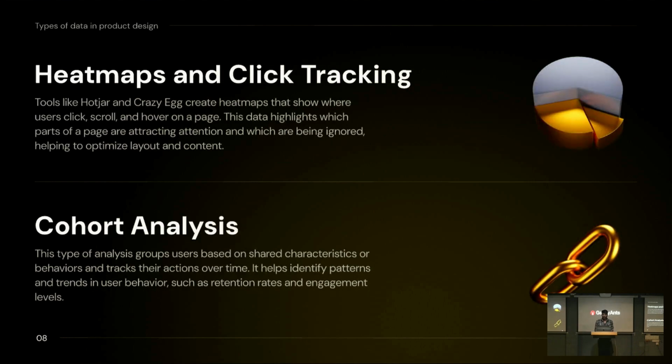Heat maps and click tracking. Heat maps are another way of analytics to understand where users' attention is going. How a heat map works is you link your website or platform with tools such as Hotjar and Crazy Egg. These will give you an idea of where the user's attention is actually going.